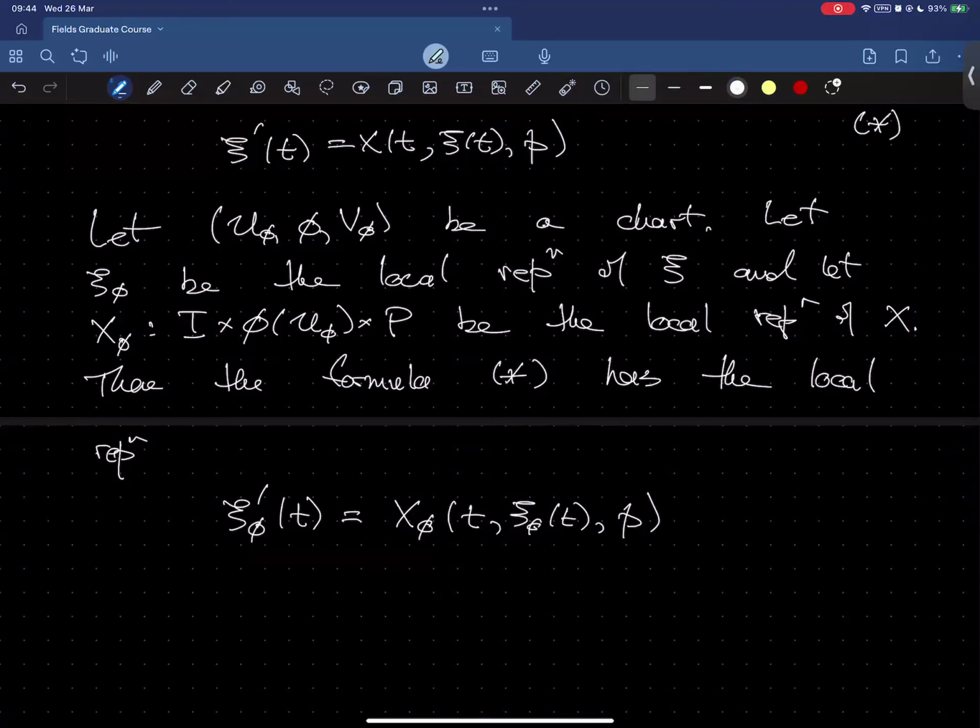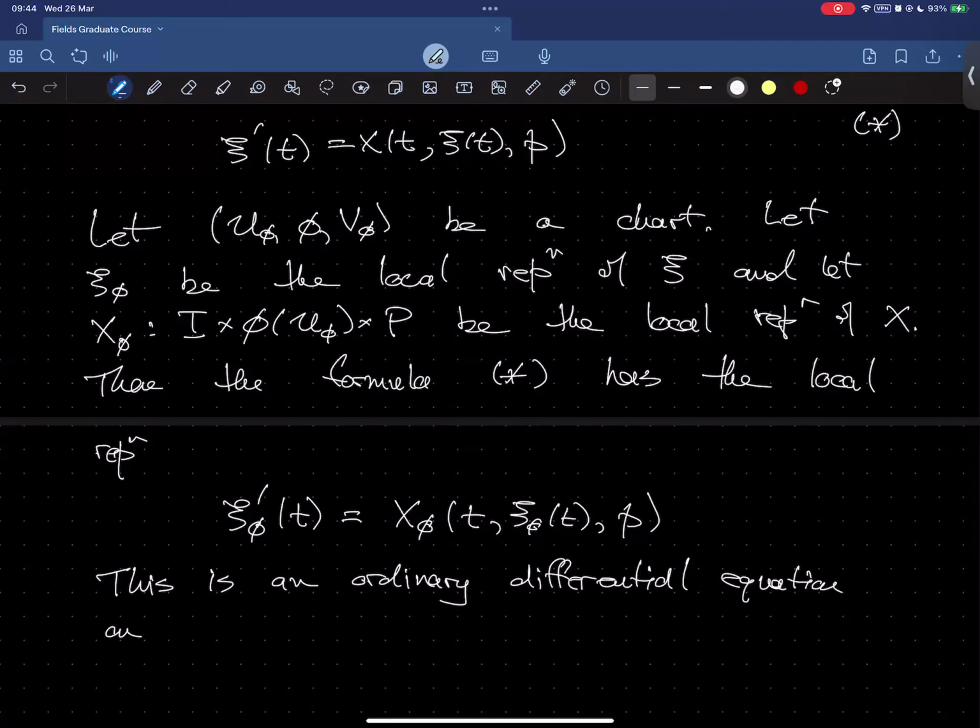Okay, but I mentioned the word differential equation slipped out, and that's because this thing is an ordinary differential equation. This is an ordinary differential equation on the open subset phi of u phi in v phi.